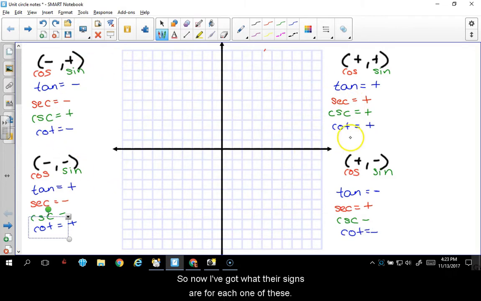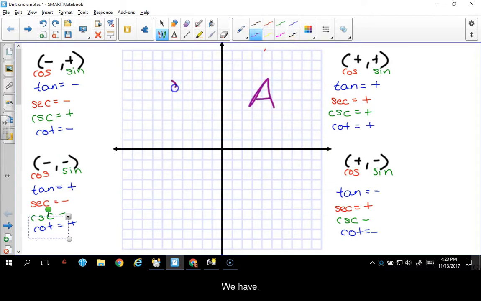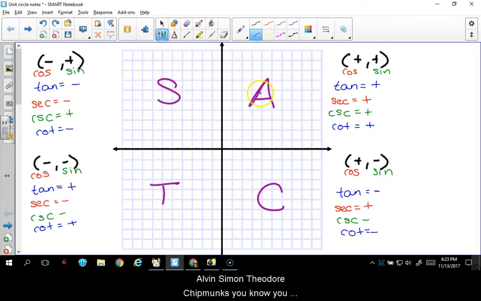So now I've got what their signs are for each one of these. Little acronym, we have this. I call this All Students Take Calculus, my 8th period. Somebody came up with the idea of Alvin, Simon, Theodore, chipmunks. You can come up with your own thing that works for you.